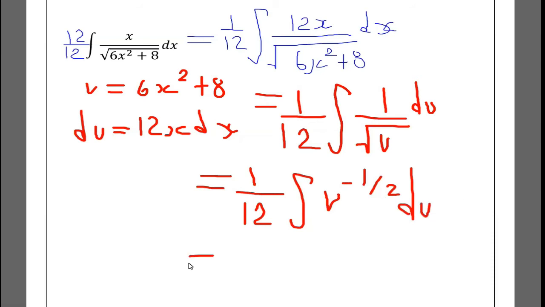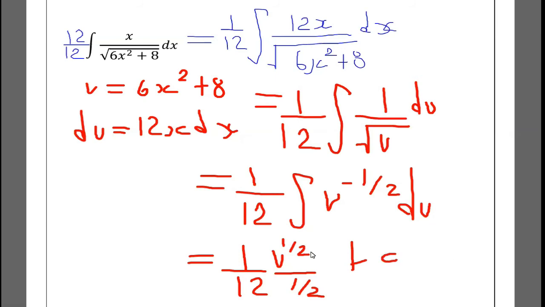Then you can integrate this easily. To integrate that, you add 1 to the power, then you divide by the power. So adding 1 to the power becomes u to the half, and then you divide by the power of half. So u to the half divided by half plus your constant of integration, c.